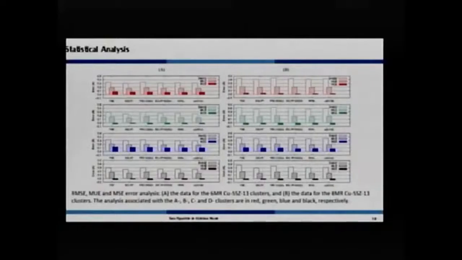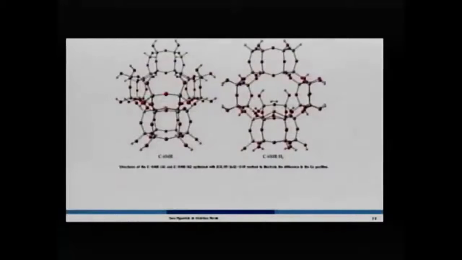In the statistical analysis, we verified that B3LYP was the best functional, with lower deviations. We observed that when the hydrogen is adsorbed at 6-membered rings, the copper is out of plane to interact better with hydrogen.